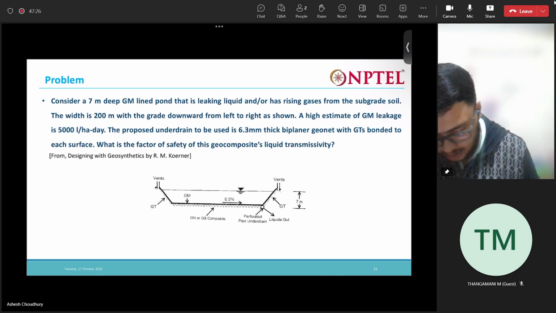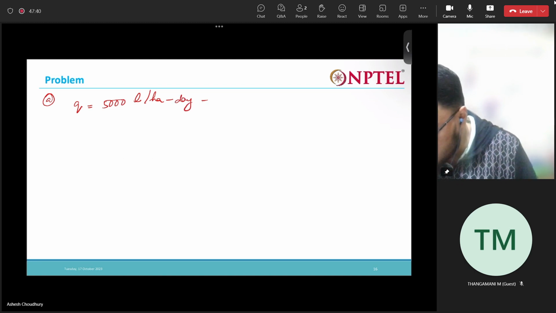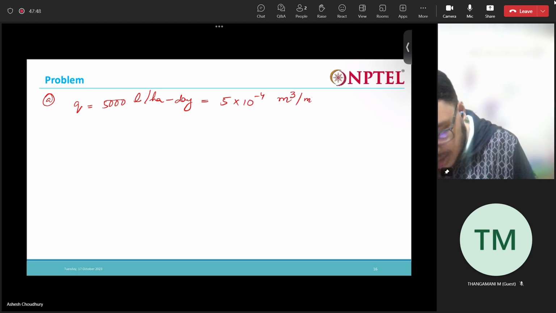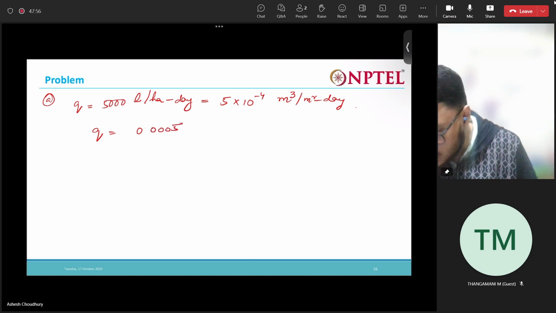So how much is the flow? Q is 5000 liter per hectare. So this will be approximately 5 into 10 to the power minus 4 meter cube per meter square. So Q is 0.0005 into 200 into 1, which is equal to 2.10 meter cube.